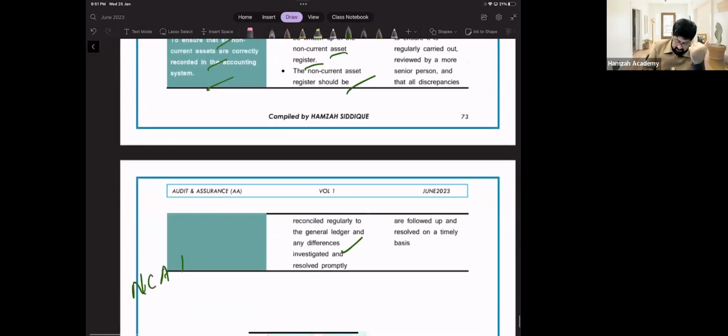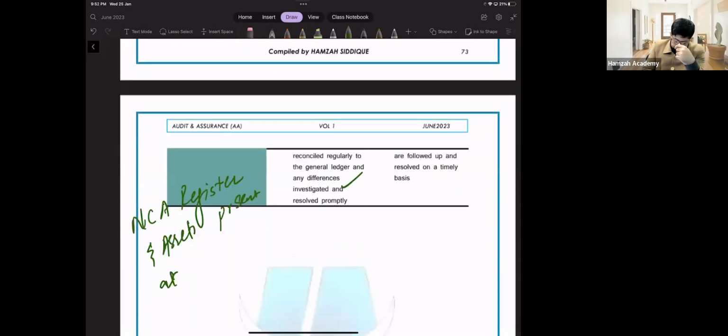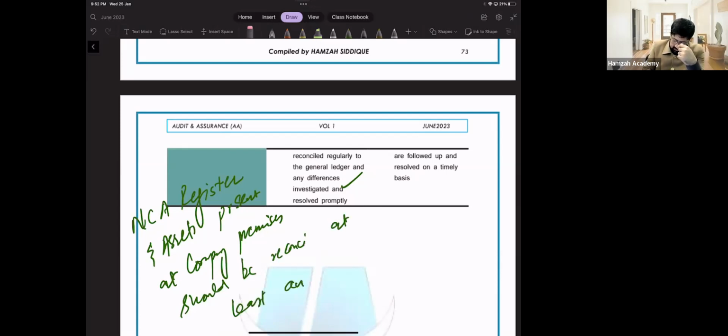Non-current asset register and assets present at company premises should be reconciled at least annually, and differences should be resolved.